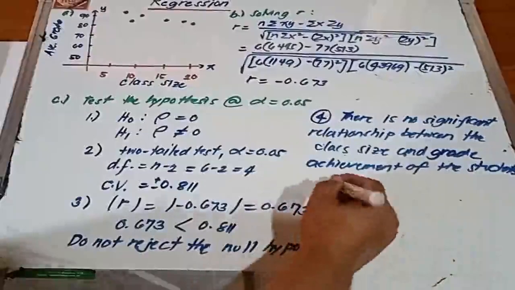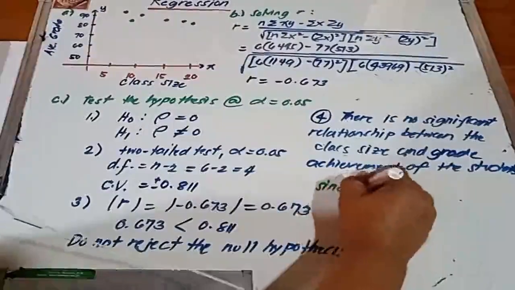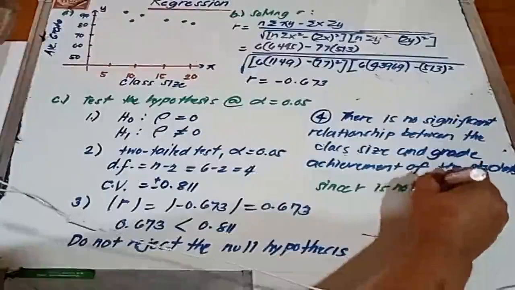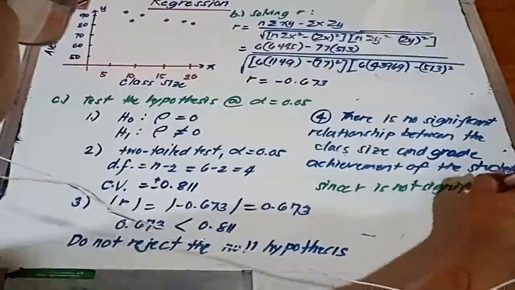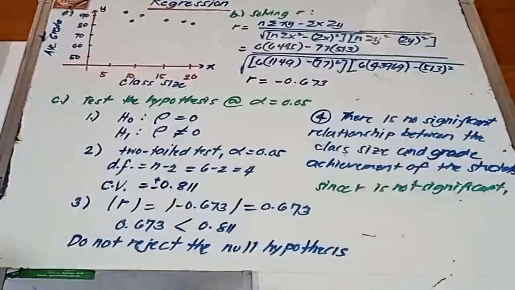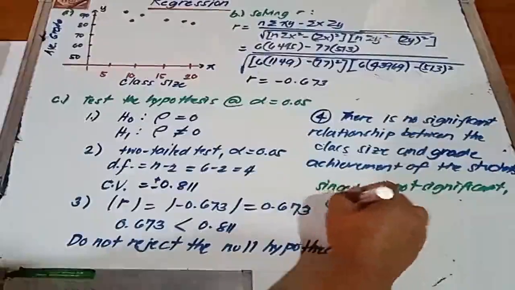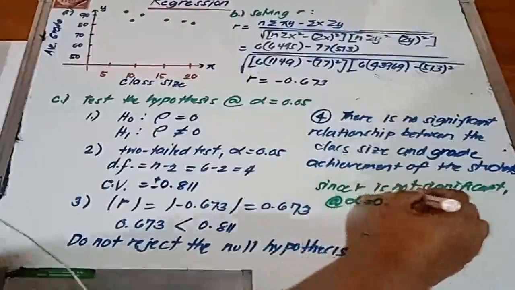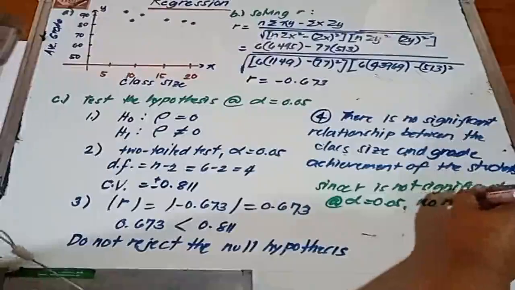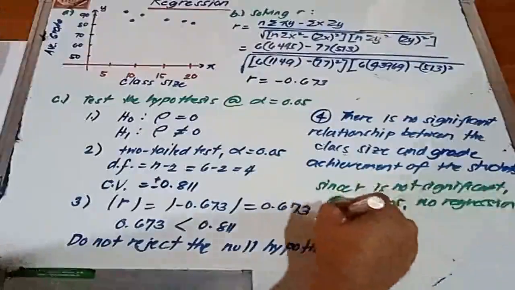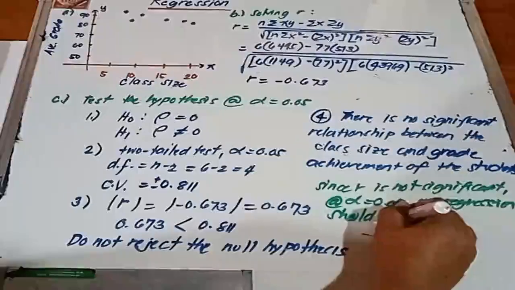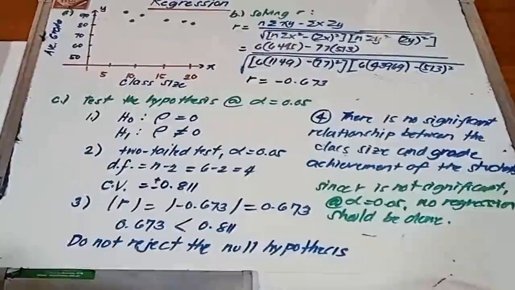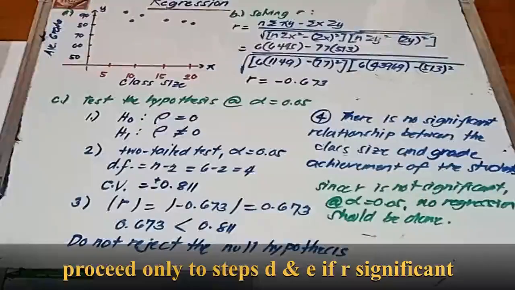Since R is not significant at alpha equal to 0.05, no regression should be done. Okay? So, stop na tayo doon. Okay? Ginagawa lang natin ng regression pag may significant relationship ng dalawang variables.